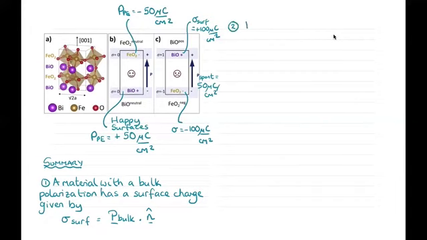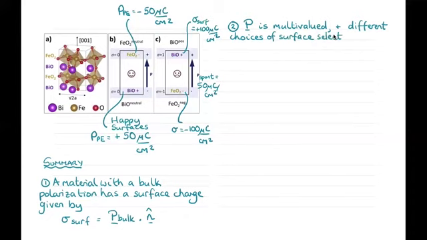The second point is that in general, the polarization is multi-valued. And different choices of surfaces select different values of the bulk polarization lattice.